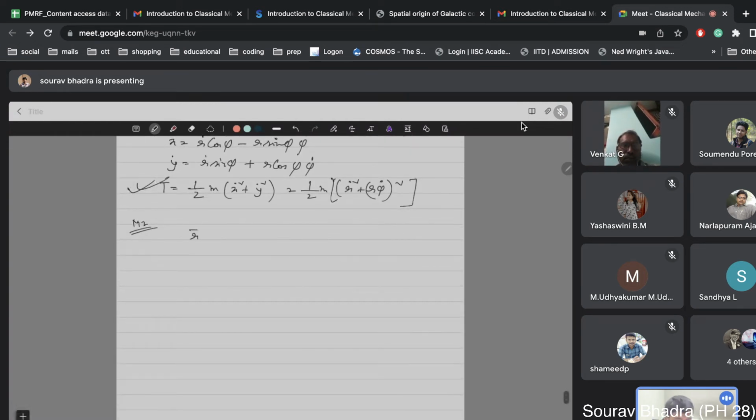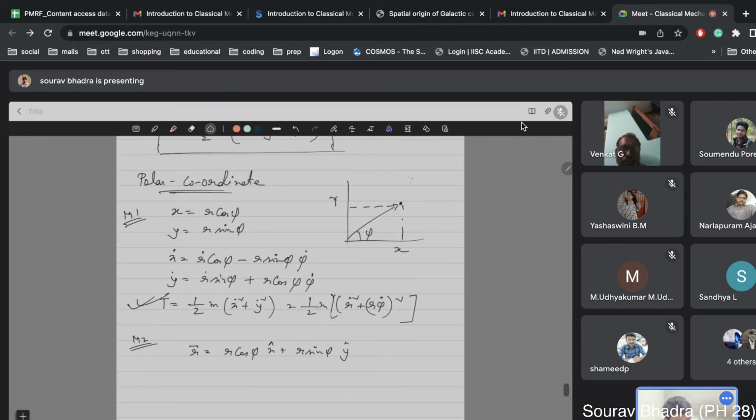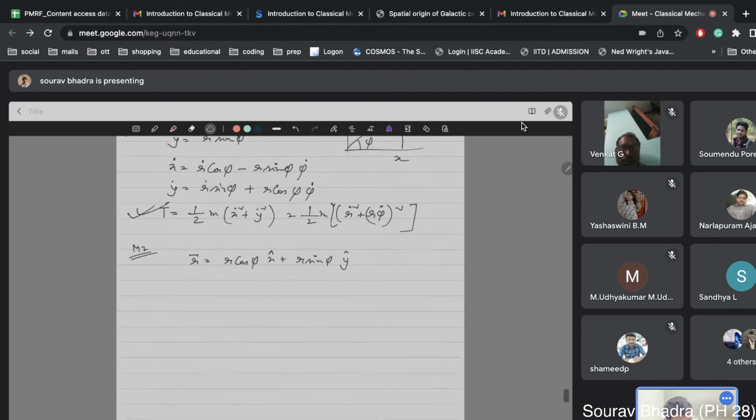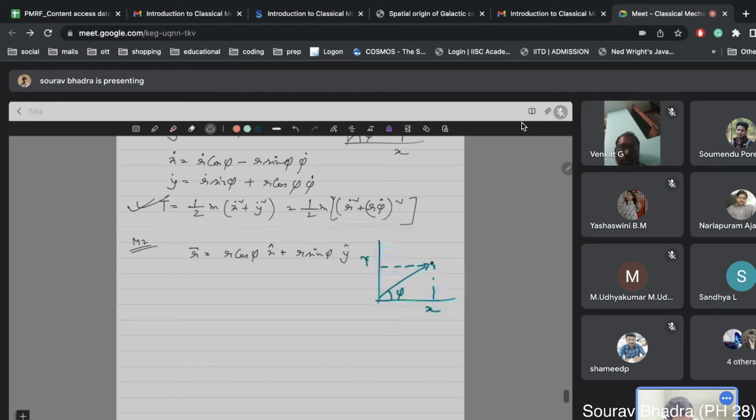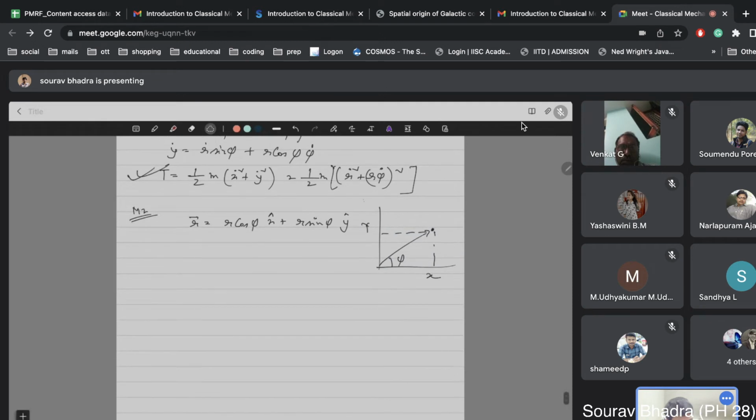So the position vector is r cos phi x cap plus r sin phi y cap. Okay, now delta r is equal to r cap dr plus phi cap r d phi.